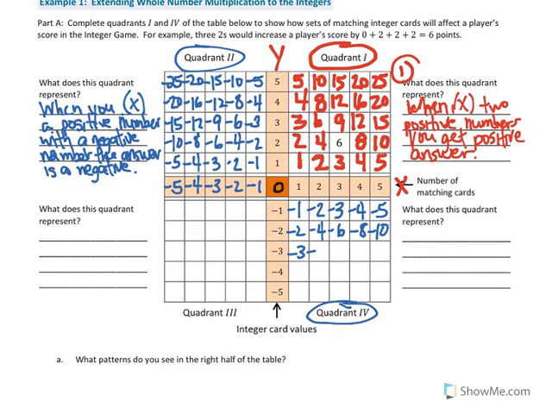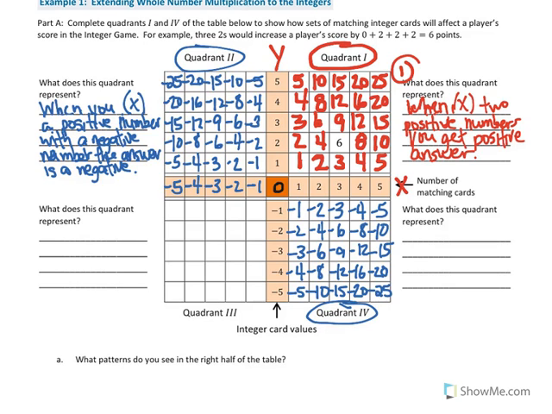Negative 3. Negative 6. Negative 9. Negative 12. And negative 15. Okay, I went ahead and filled it out for you. So take a look at quadrant 4 and quadrant 2. It says, well, let's just look at what it says. What does the quadrant represent? So if I look at that and I say positive times a negative, it looks like my products are negative.